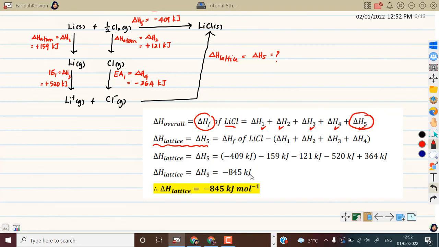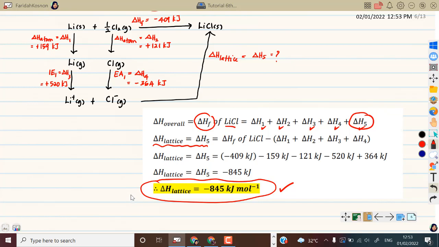But the final answer must include the unit kilojoule per mole. So this is the final answer because lattice energy is defined as the heat released when 1 mole of solid ionic compound is formed from its gaseous ions. Alright. So this is how we construct the simple Born-Haber cycle and calculate the lattice energy using Hess's law.